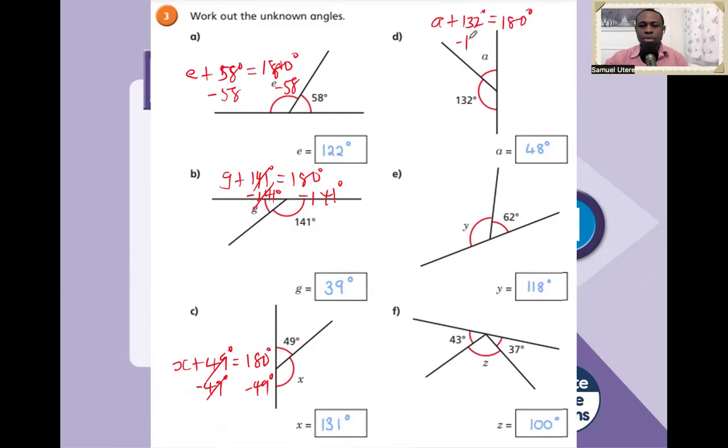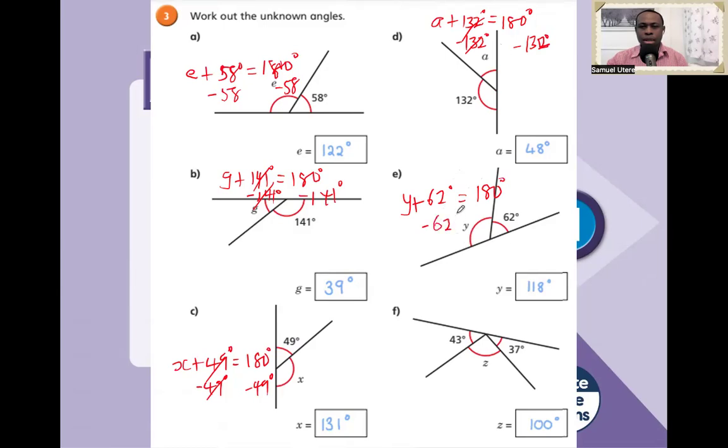We subtract 132 degrees from both sides to make a stand on its own. We'll get our result. Here, we know y add 62 degrees, they're adjacent angles on a straight line, which must add up to 180 degrees.